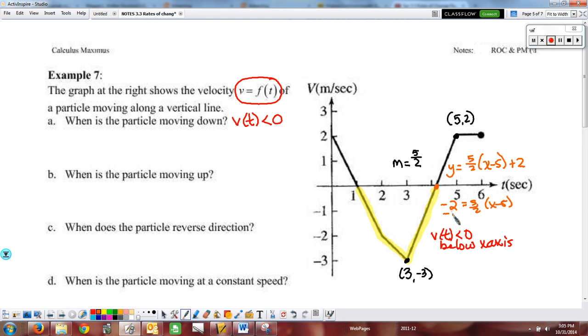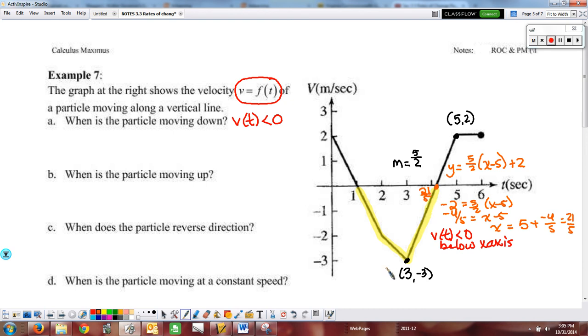Multiply by 2 fifths, negative 4 fifths equals x minus 5. Then add 5 to negative 4 fifths, so 5 plus negative 4 fifths gives me 21 fifths. So that point right there is 4 and 1/5, or 21 fifths.